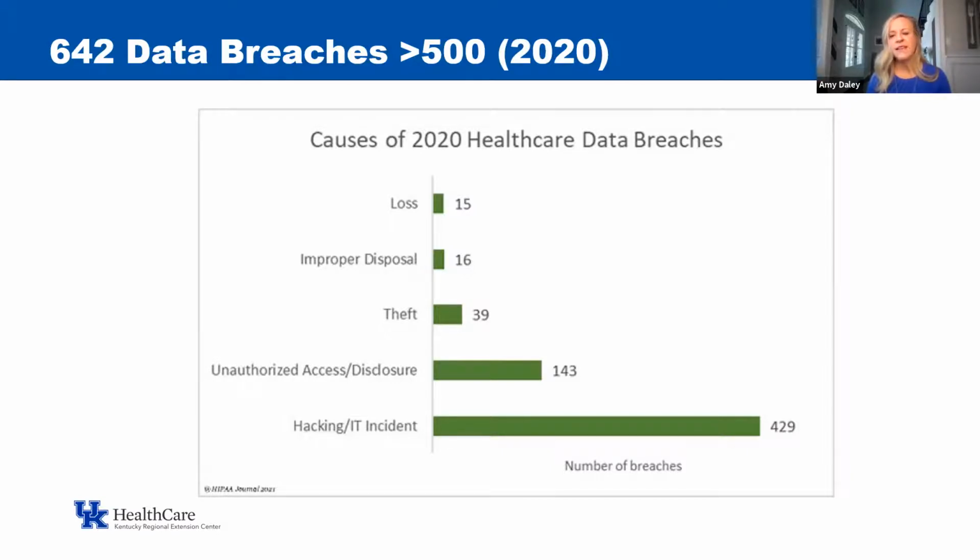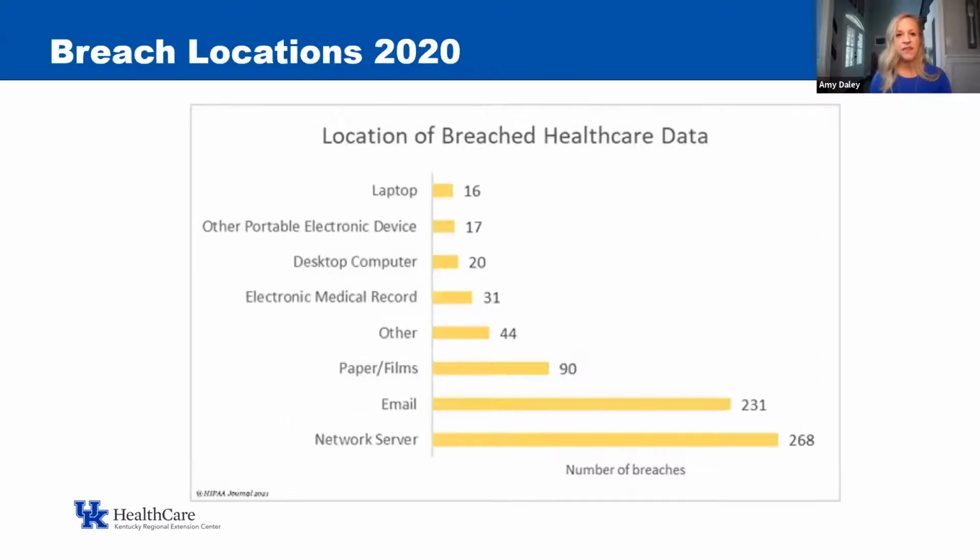And then hacking comes from ransomware, phishing, malware, and IT incidents where our servers get hacked. So our concentration in this presentation is going to be on protecting and finding resources and knowing more about where these breaches come from and how to protect ourselves from them.